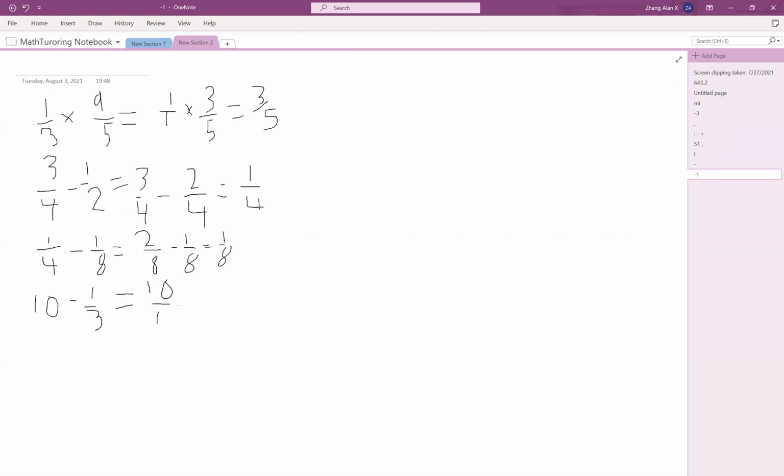Yeah, what would the least common multiple be for these two? The smallest multiple of 1 and 3. 3.